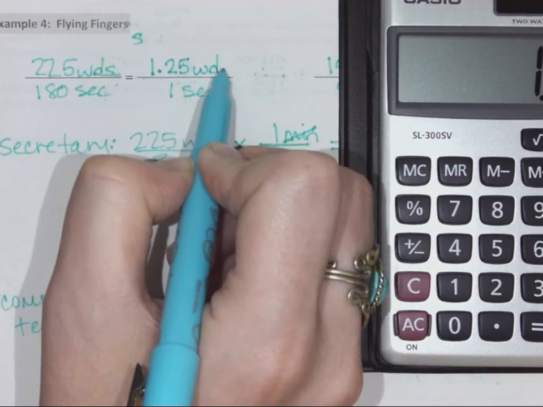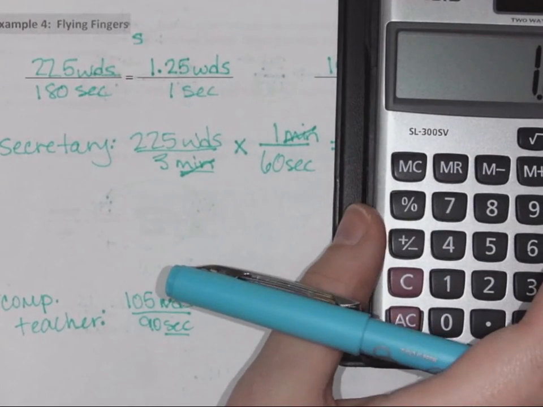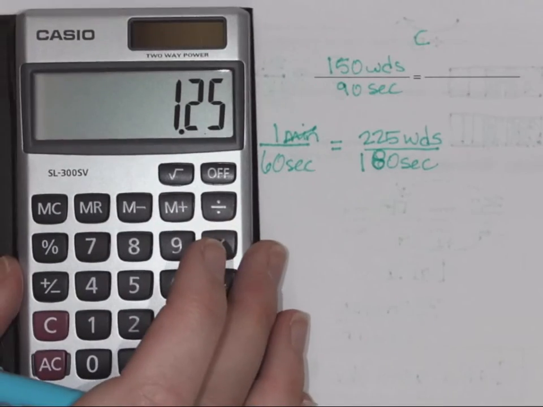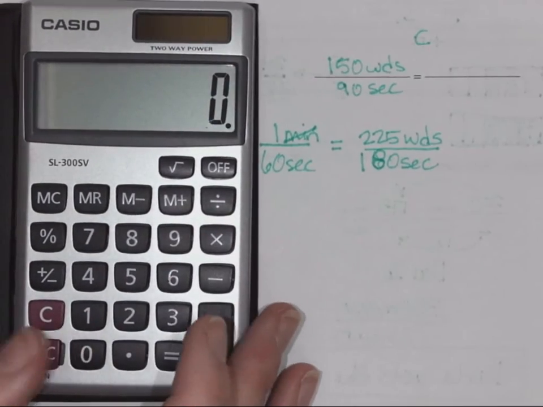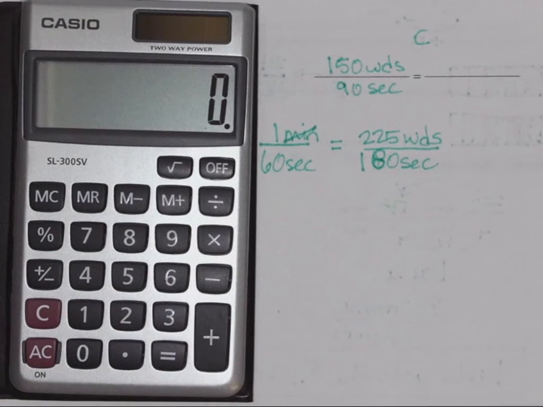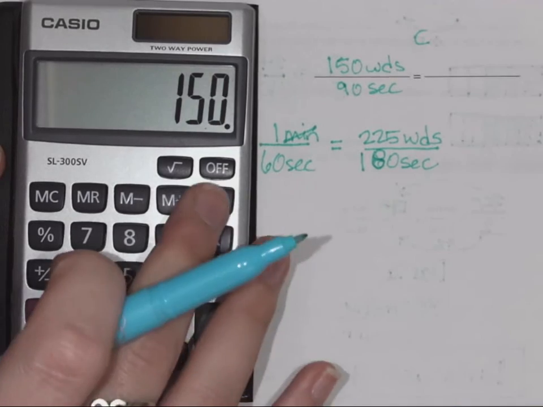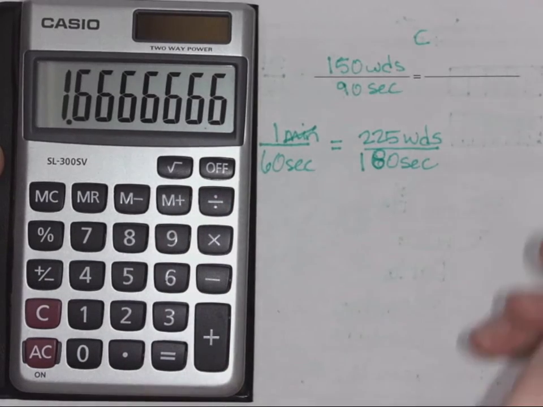Words per second. Nice. Let's talk about the computer teacher. How can we find the unit rate for the computer teacher? Michaela, divide what? 150 by 90. And we get a bunch of decimals.